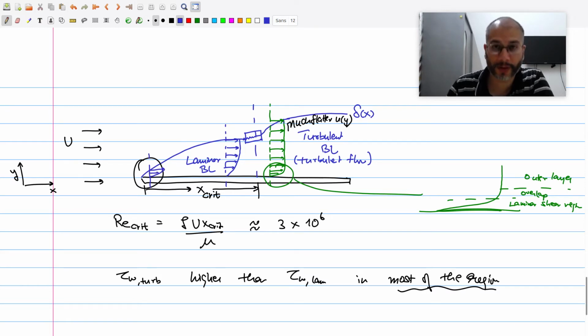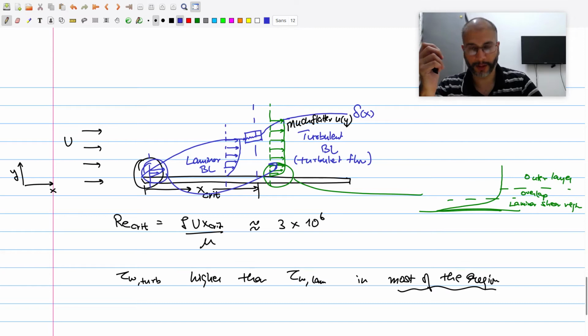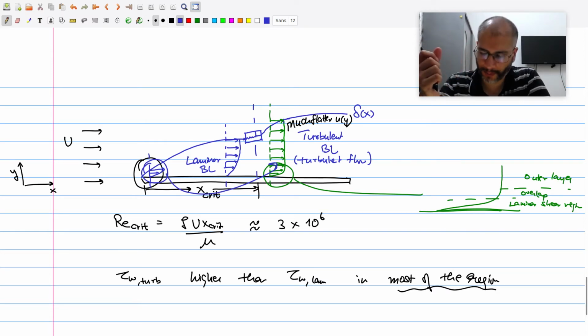Because of this, the shear stress may be quite high in this region as compared to the turbulent flow region, but it's only in the beginning of the laminar flow region. Beyond that, as the boundary layer thickness grows, the turbulent boundary layer shear stresses will always be higher than the laminar boundary layer. So we sometimes just generally say that the wall shear stresses in the turbulent boundary layer region are much higher than the laminar flow regions.